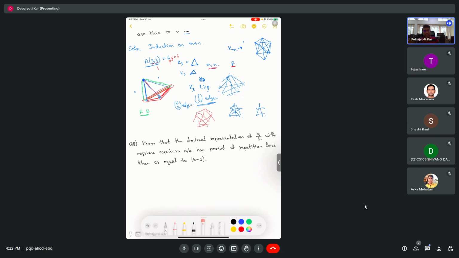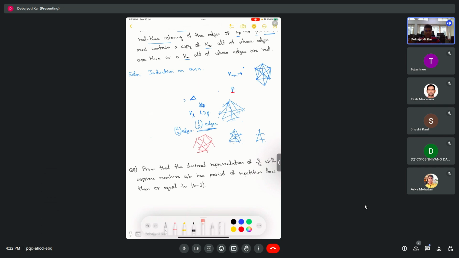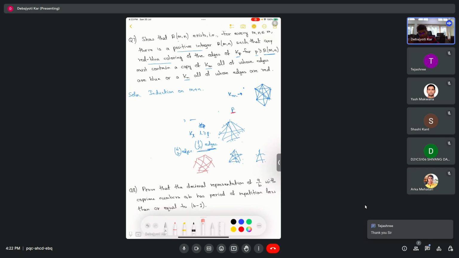Okay, is the definition of the Ramsey number clear? But now the fundamental question is, for m equal to n equal to 3, we saw that 6 vertices suffice. But for general m and n, for any two arbitrary integers m and n, why should such a value exist at all?